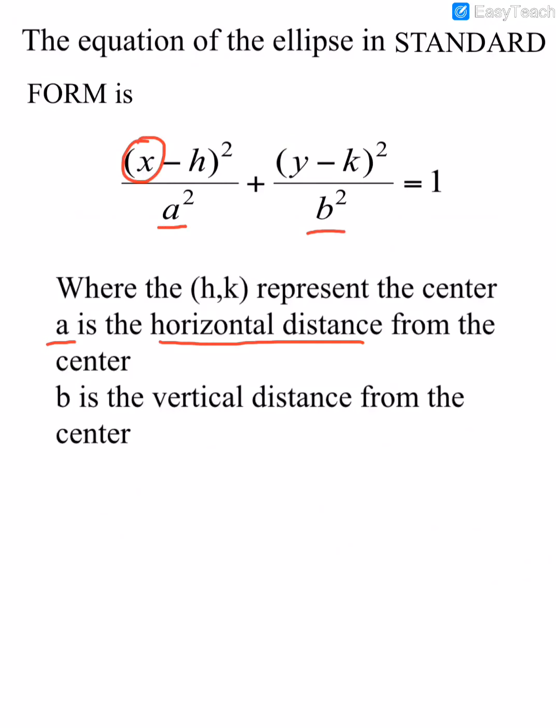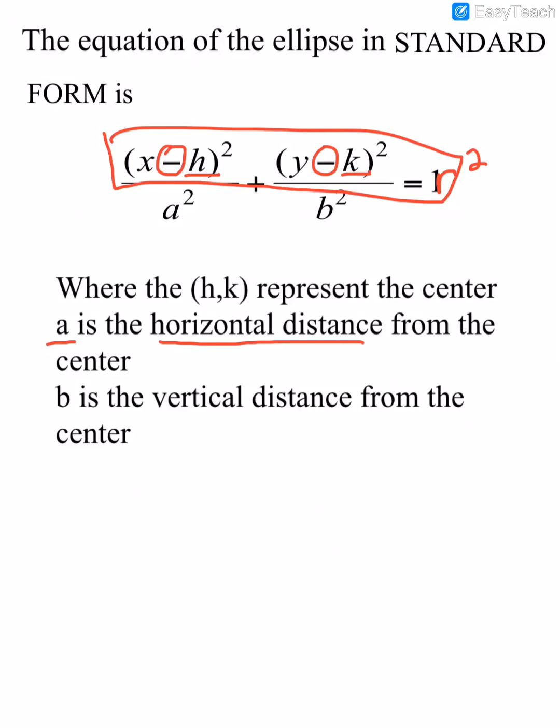Now, when we pull out the center, which is our h and our k, if you'll remember, the standard equation of a circle is this part right here, where this would be r squared. Whenever we were graphing a circle, when we pulled out the center, we had to change the signs of those numbers, because these signs are negative.